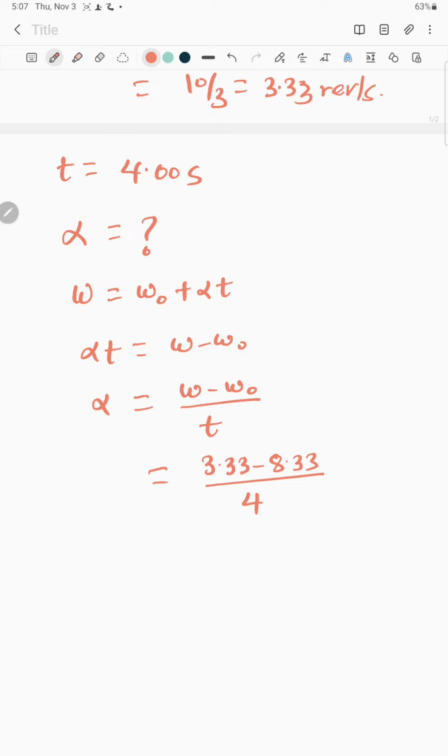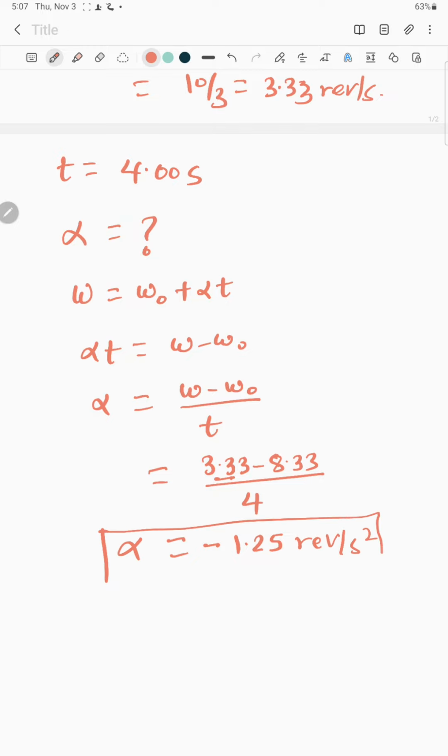This gives me a negative value, because omega naught is greater than omega, so it should be negative: negative 1.25 revolutions per second squared.